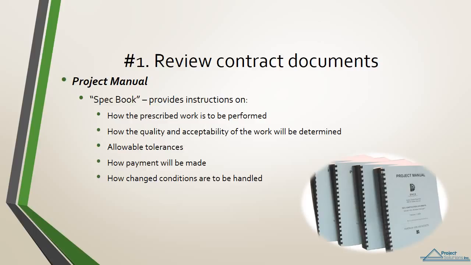The project manual, or spec book, provides instructions on how the prescribed work is to be performed, including material and equipment requirements and any restrictions or conditions on that performance, how the quality and acceptability of work will be determined, allowable tolerances and how deviations from these tolerances will be handled, how payment for the work will be made, and how changed conditions are to be handled.